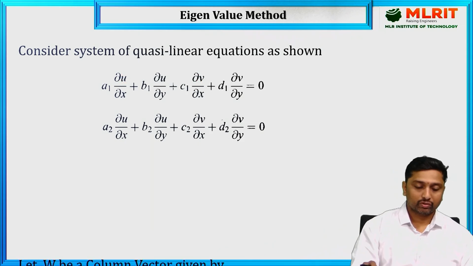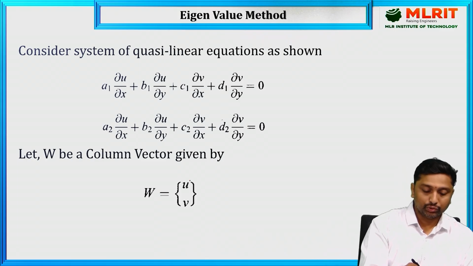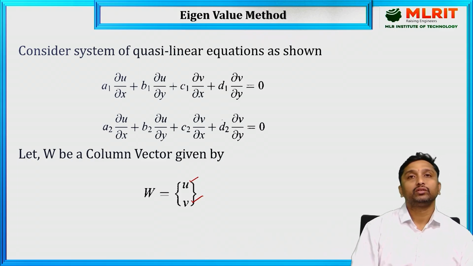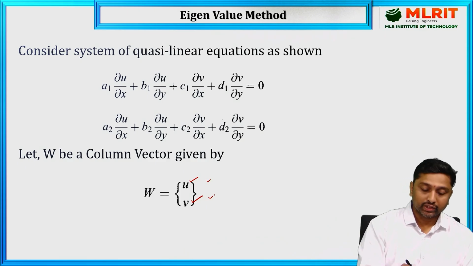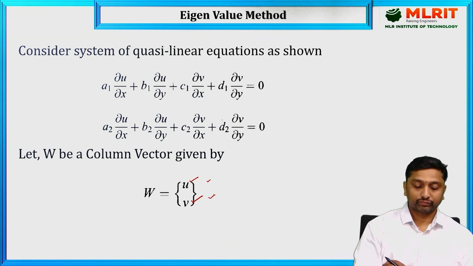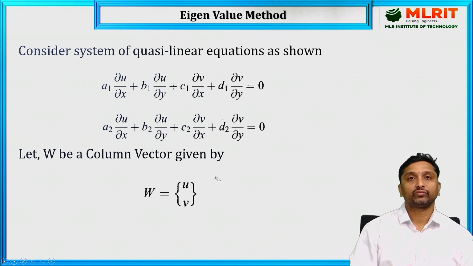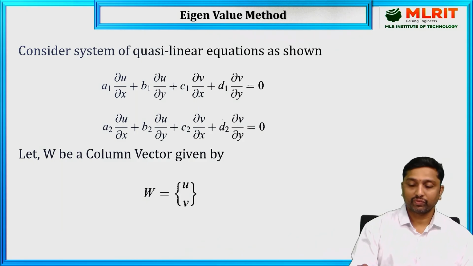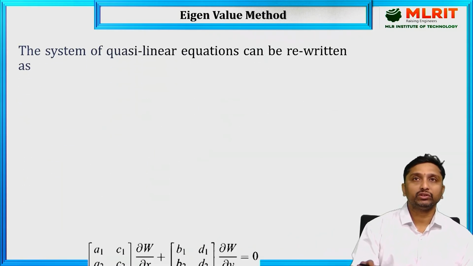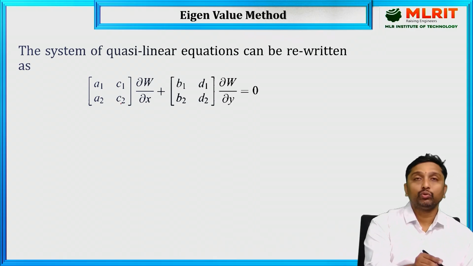So let us write a column vector which is u and v. u is the first element and v is the second element of the column vector. This actually represents the variables of the fluid flow. Now if I use this W as a column vector and rewrite the above equations, I can rewrite them as the matrix of a1, c1, a2, c2 into dou W by dou x.